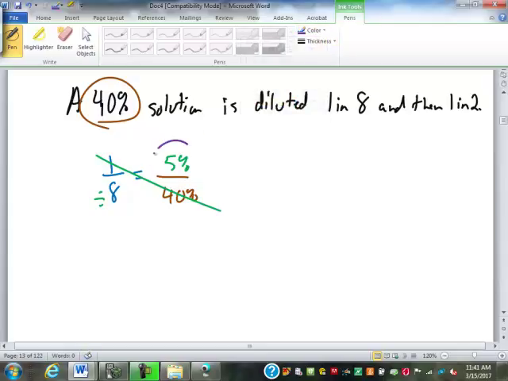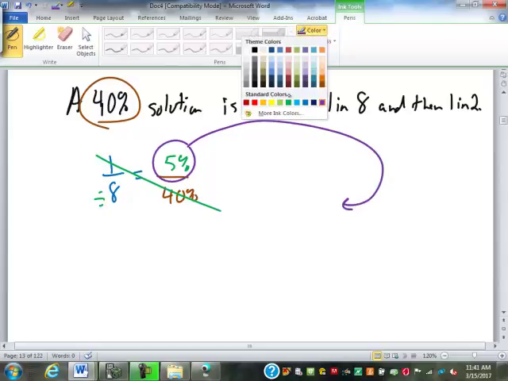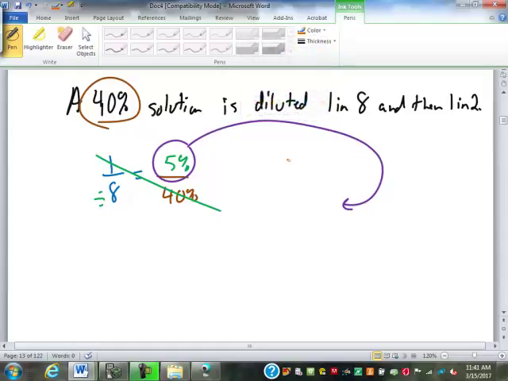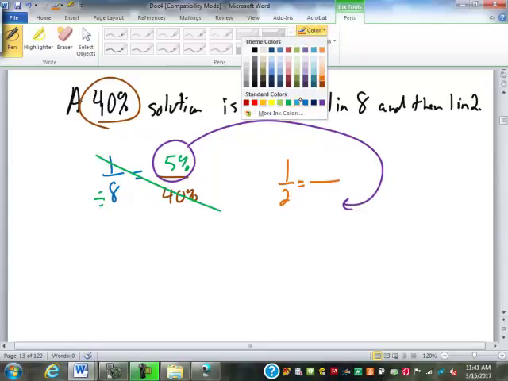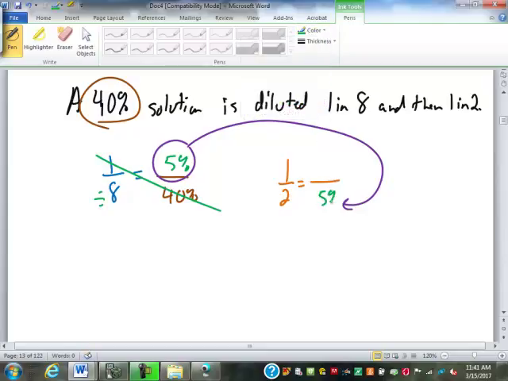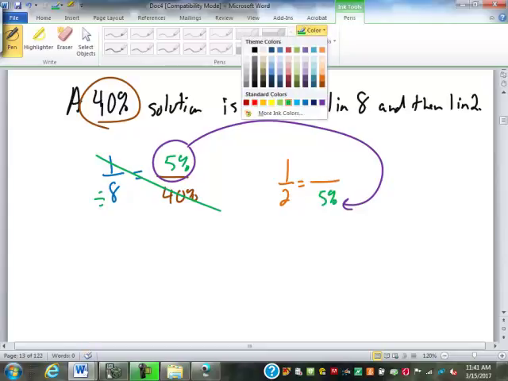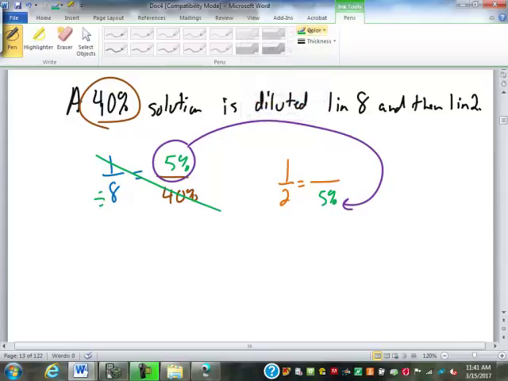Now then, that percentage is now going to go into the bottom of the next proportion. So we're going to continue on with a 1 in 2 dilution. And as we said, that 5% is now what we're going to start with in that dilution. Now we cross multiply. 1 times 5 divided by 2 gives us 2.5% is that final solution.